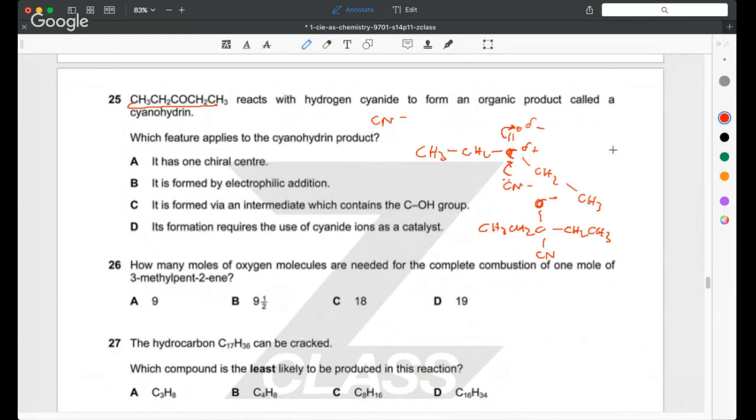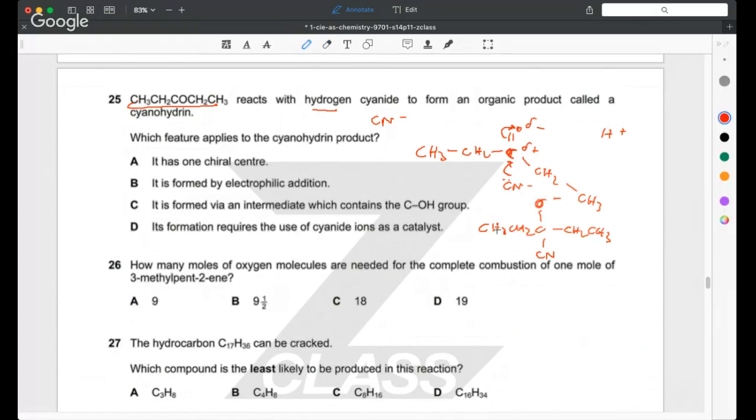And later on, because you had hydrogen cyanide, you've got some protons, and a bond can form between the oxygen here and the proton, and so you end up with an alcohol group there. But the intermediate was oxygen with a negative charge on it.